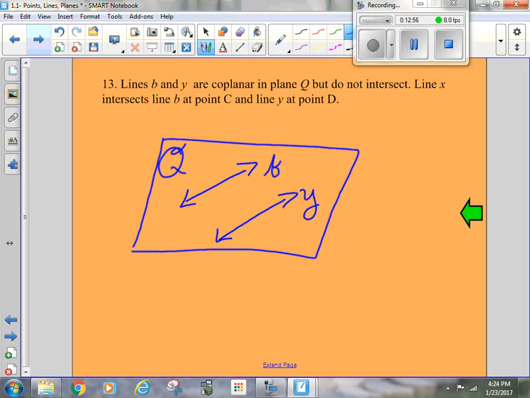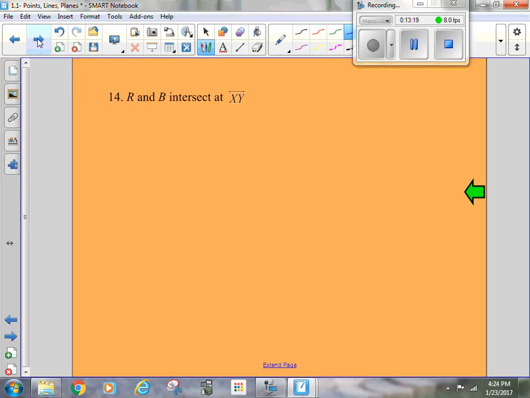And then line X intersects both of those, and it intersects line B at point C and line Y at point D. So it's a little tricky to get the hang of, but just read what the question kind of says and pick it apart piece by piece.